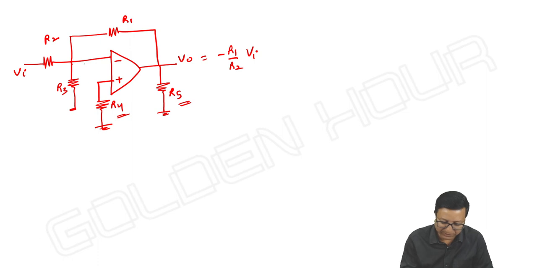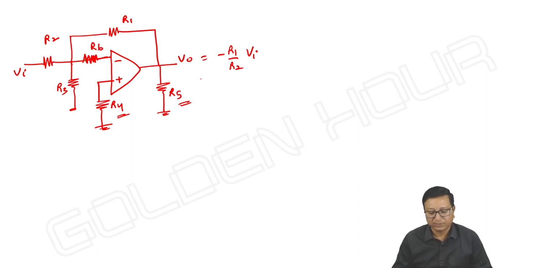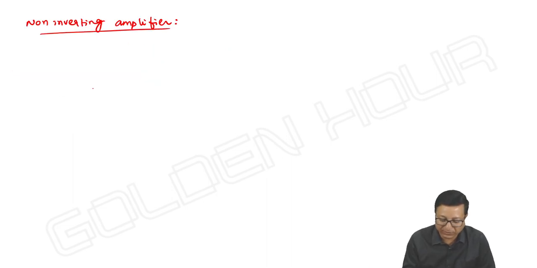And let me write this here, some R6. Just to confuse us, sometimes they may give so many resistors. We need to understand whether they really play any role or not. So that's about inverting amplifier and non-inverting amplifier circuits.